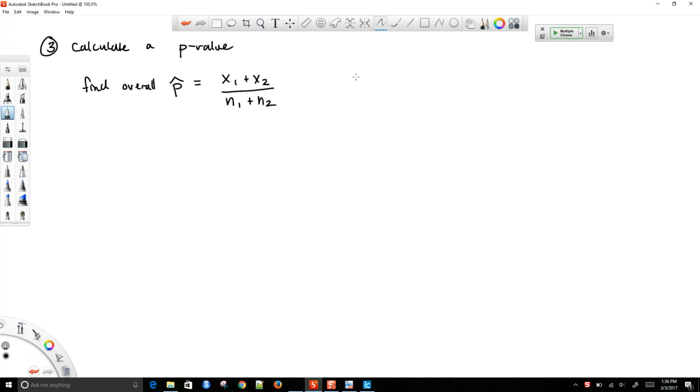You're also going to need p hat 1, which is the proportion for sample 1, x1 over n1, and p hat 2, which is going to be x2 over n2. Okay, so you find your proportions, and then you find your standard error. The standard error here is using the p hat from this step.